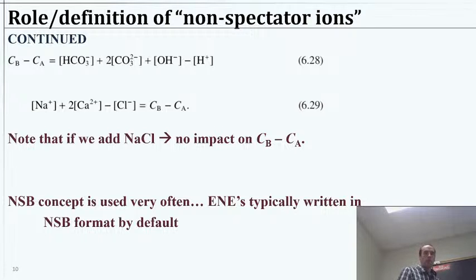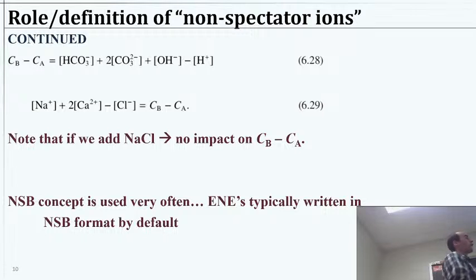All right, so the Cb minus Ca in this system, we said it looks like that. We can write it one way or the other. We can write it as equal to that right side, or we can say Cb minus Ca is equal to what's on that left side, right? So that's 2 ways to look at the equation.